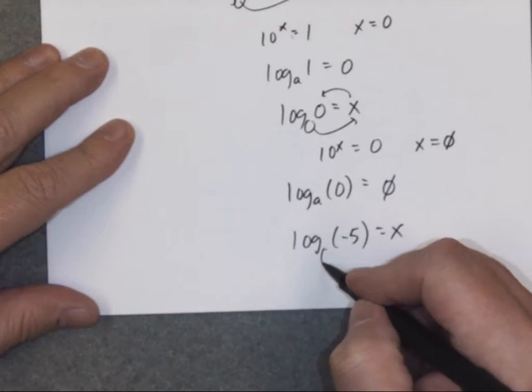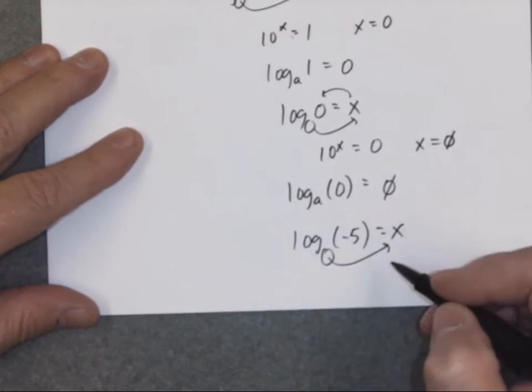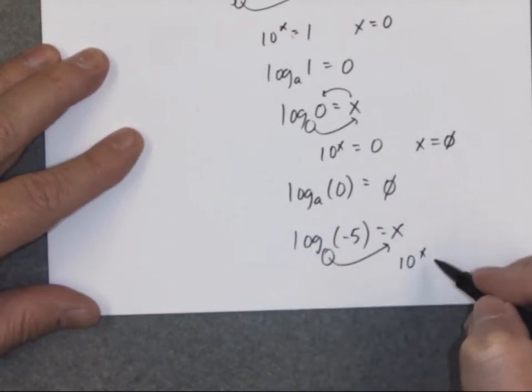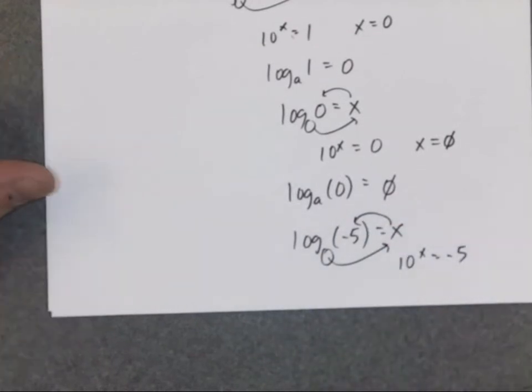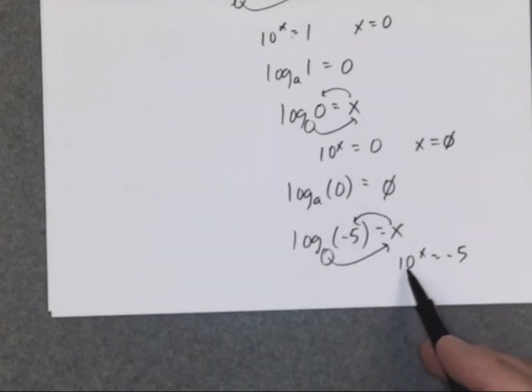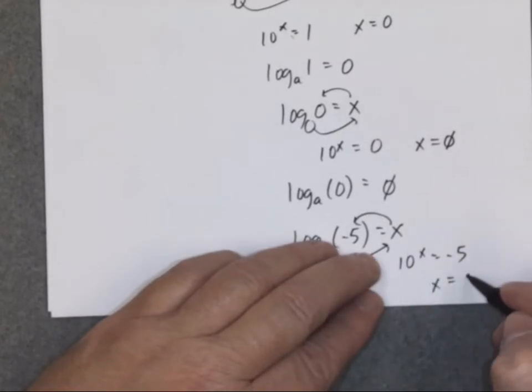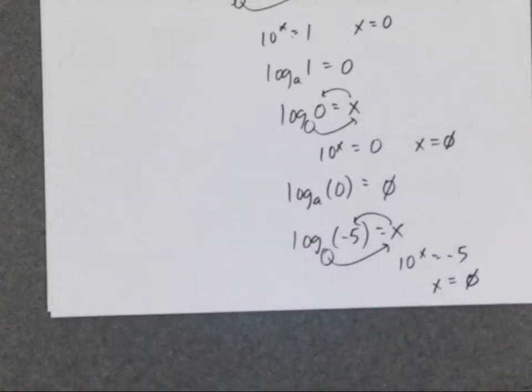All right, for all these problems, you do it the same way. You convert it to an exponent. 10 to the x equals -5. So once again, what number can I put in for x that would cause 10 to the x to equal -5? Once again, it's impossible.